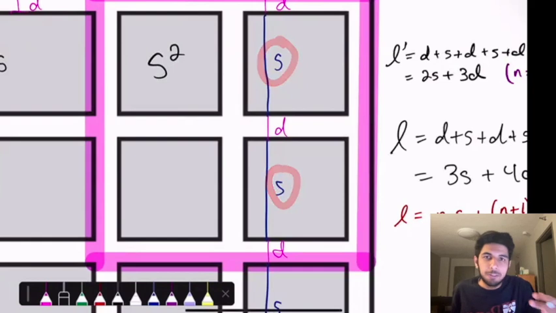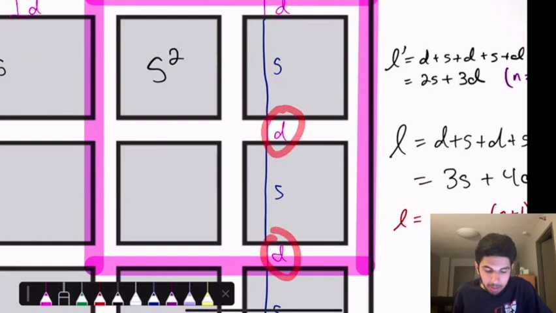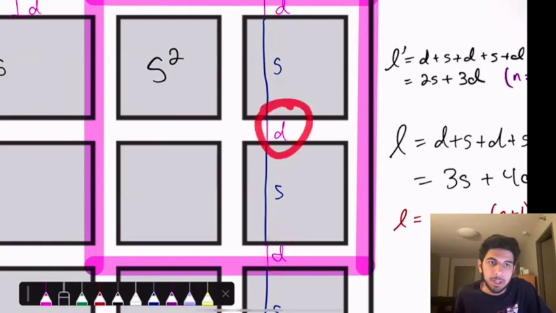But we need to account for the border in between them. We can't just say each square has a border above and below it, because then we double count some borders. For example, if the top square has a border above and below it, and the second square has a border above and below it, then we double count this middle border.